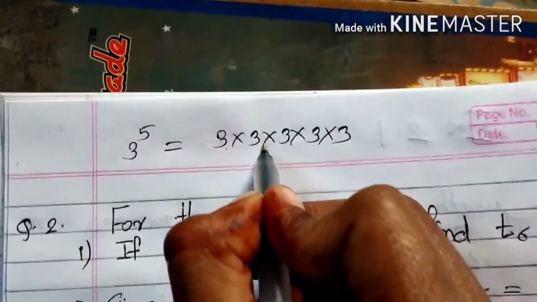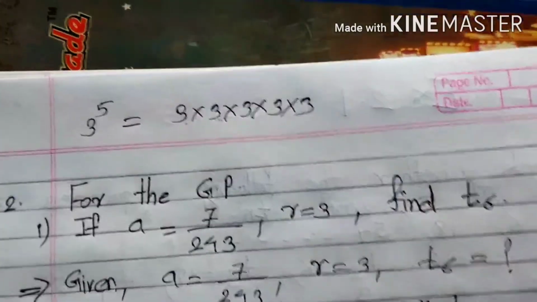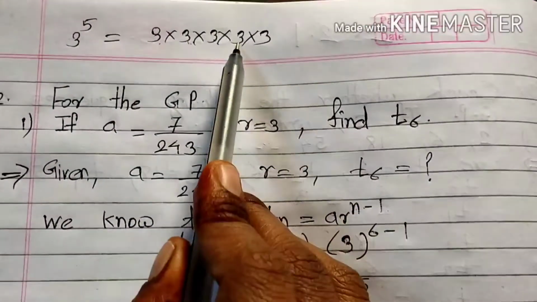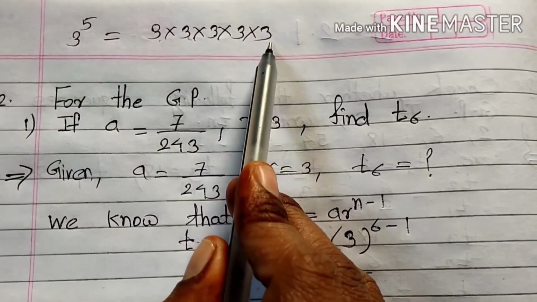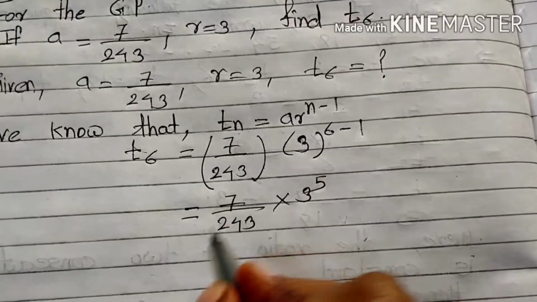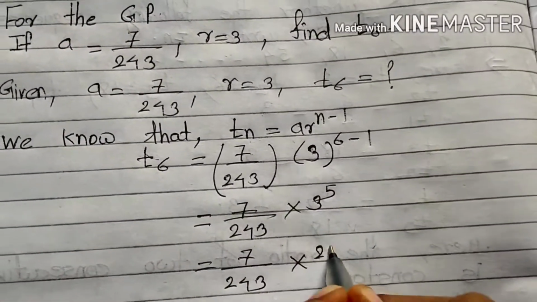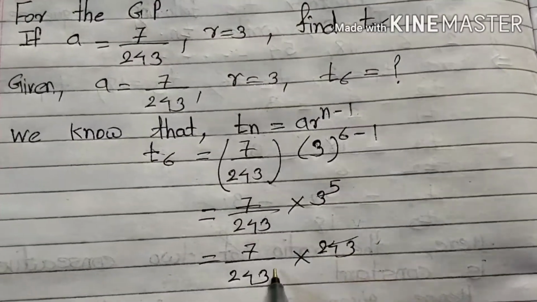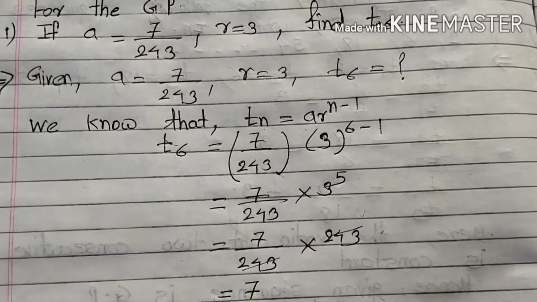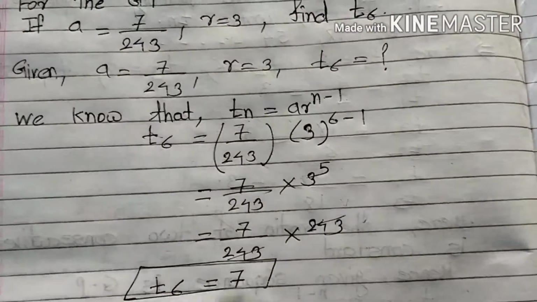So 3 into 3, 9. 9 into 3, 27. 27 into 3, 81. And 81 into 3, 243. So instead of this, you can write here 7 upon 243 into 243. Now this 243 cancels, so it is 7. So our sixth term is 7.